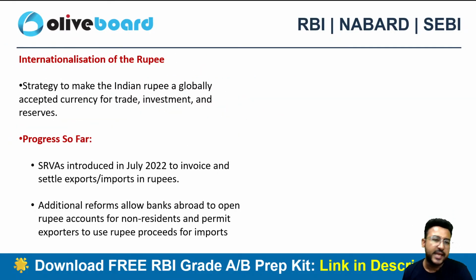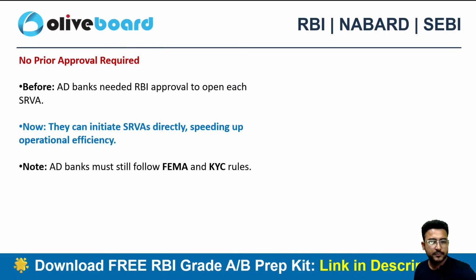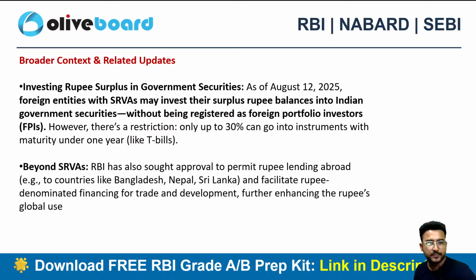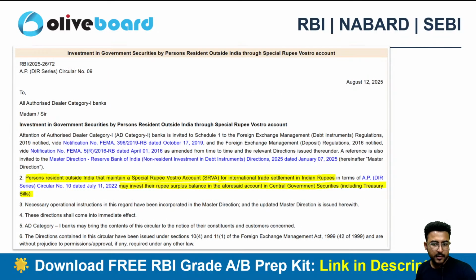So this will definitely lead to the internationalization of the INR. This will speed up operational efficiency as well. Here we can see clearly that they can open the account without seeking RBI's approval. Plus, they may invest their rupee surplus.